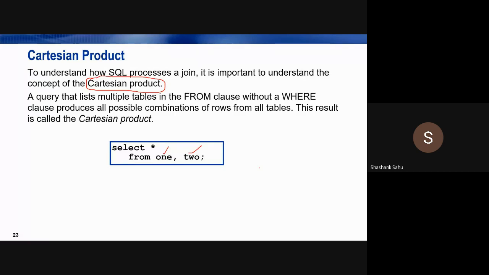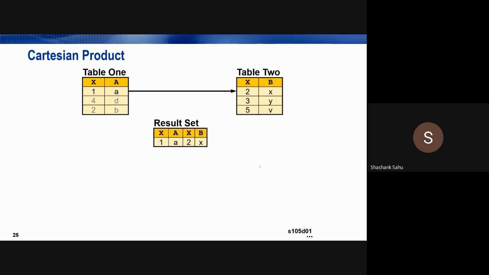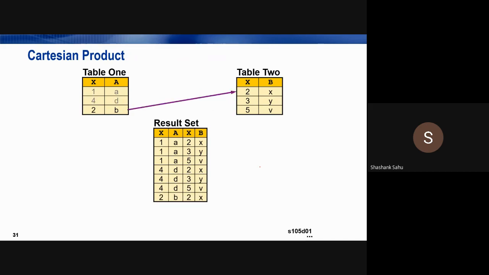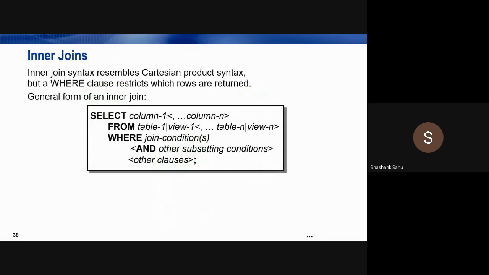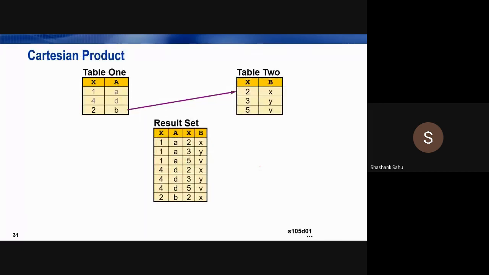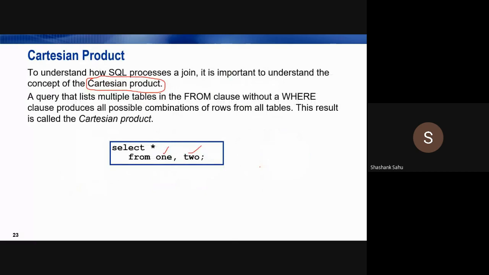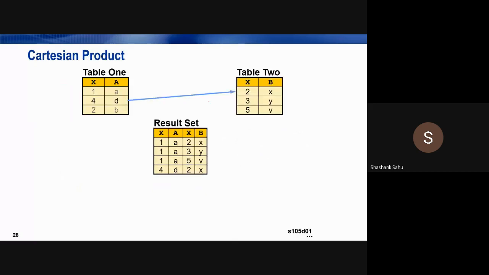So Cartesian product basically means the first row will match with all the remaining rows, the second row is matching with all the remaining rows, the third row will match with all the remaining rows. So this is the result. Three rows multiplied by three rows gives 9 rows. Therefore, its name is Cartesian product. The word product is mentioned because we are using the multiplication concept.